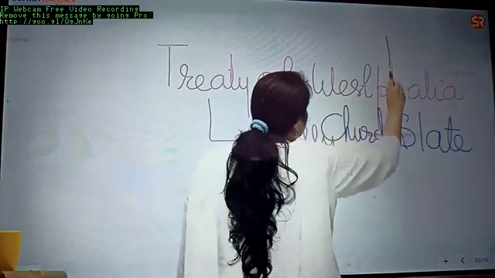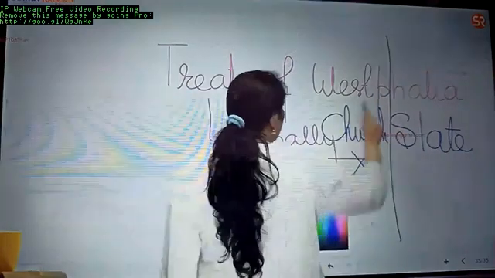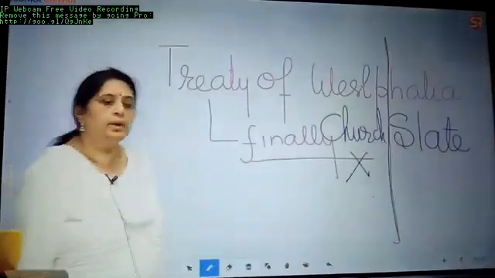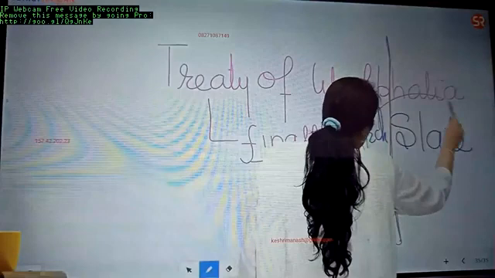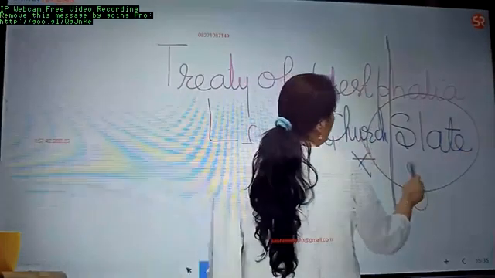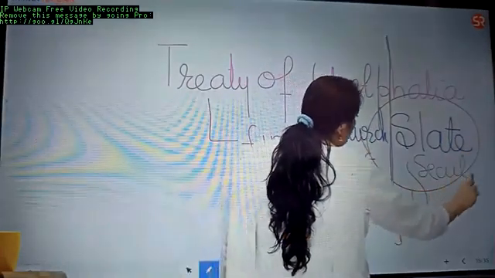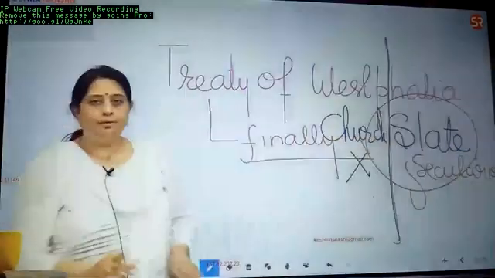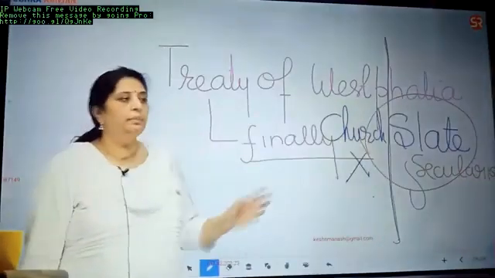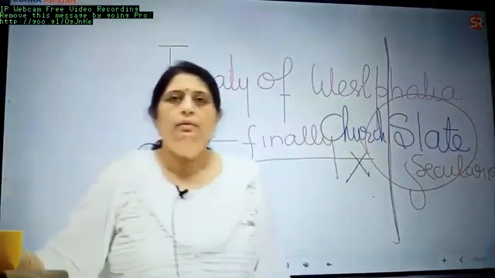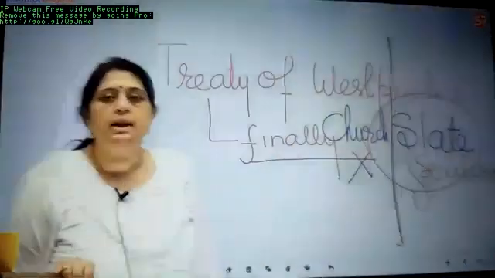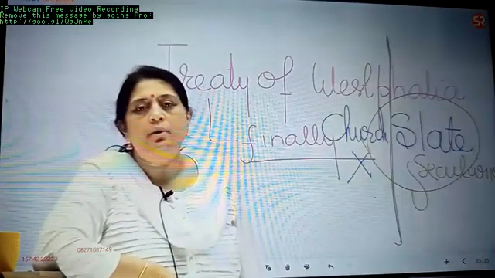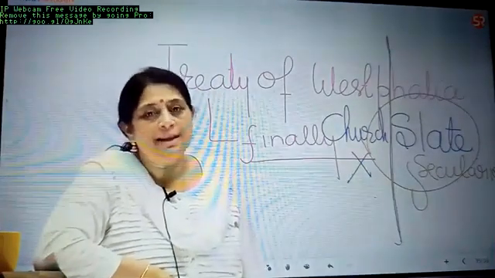This also means the separation between the church and state. And the separation of church and state also means the beginning of the European concept of secularism. Fine. So we will come back to this topic again, but for the time being, we have to understand that under the Treaty of Westphalia, ultimately it was decided that the will of state will prevail.